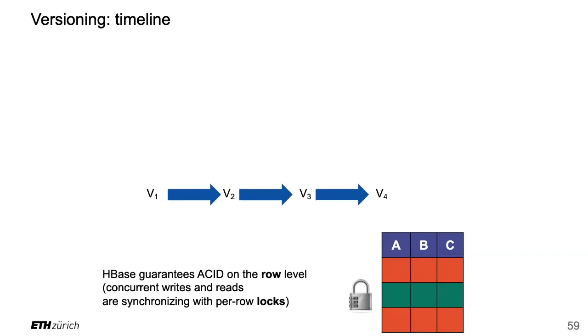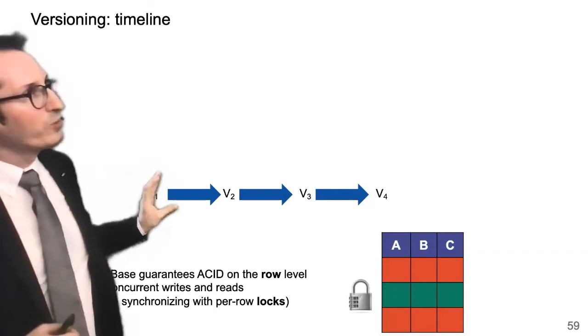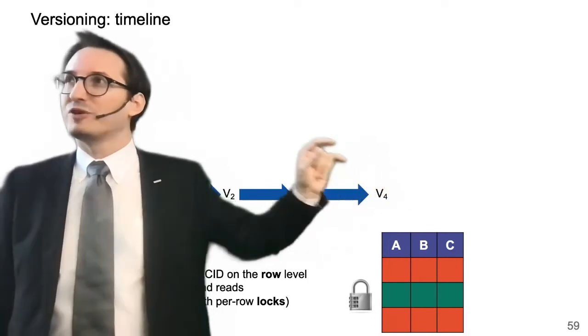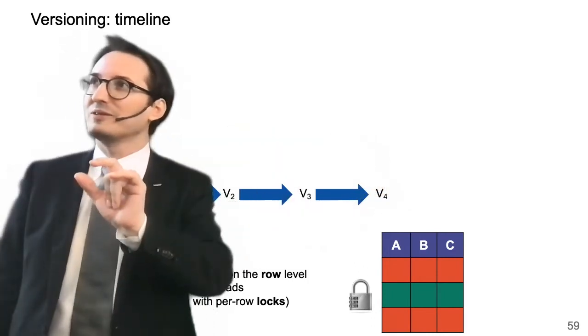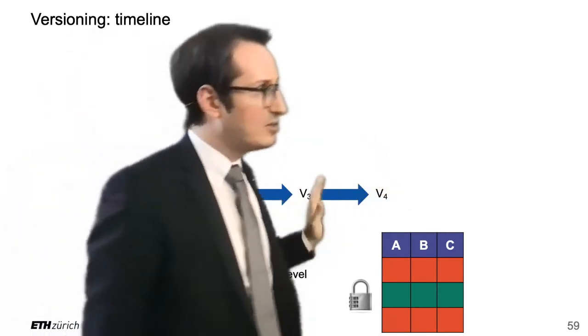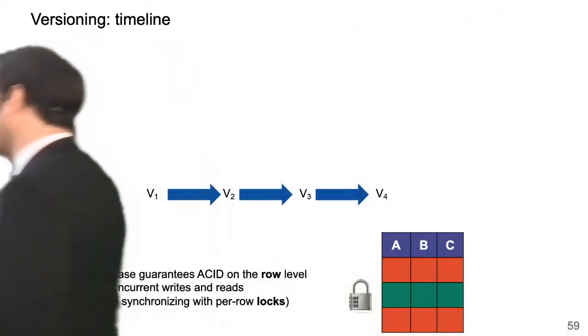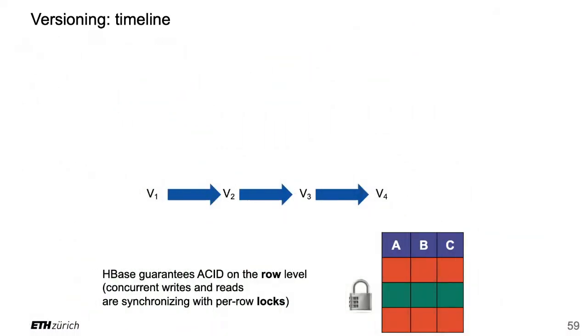So let's dive in more details here. When we look at the versions here, I was speaking about the versions of a single cell, right? What is new here at the bottom of that slide is that we could have said, okay, I can have Alice modifying that cell and Bob modifying that other cell in the same row, right?